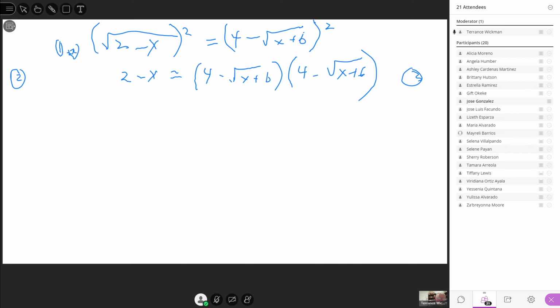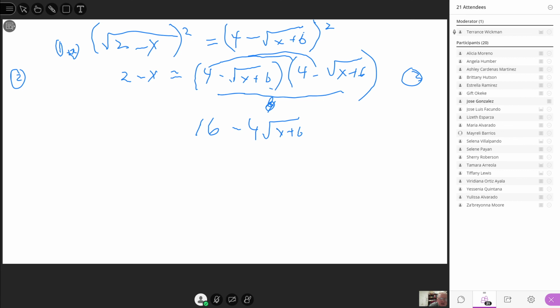Okay, that's step 3. Now, step 4, I'm going to actually do the work. I am going to do this part right here for you, all this up here. So 4 times 4 is 16. 4 times this number is a negative 4 square root of x plus 6.